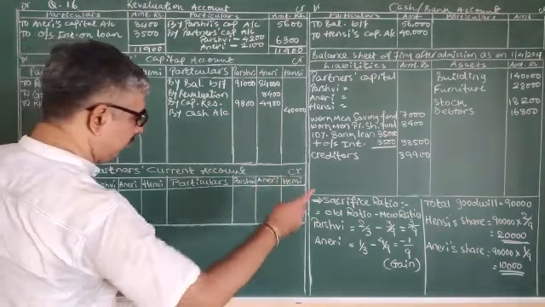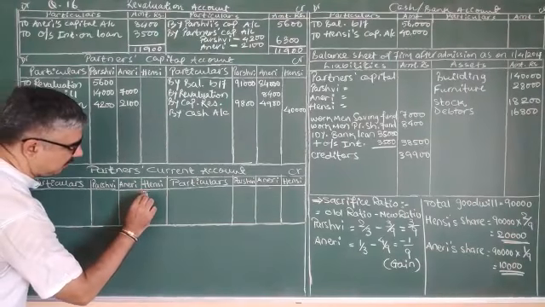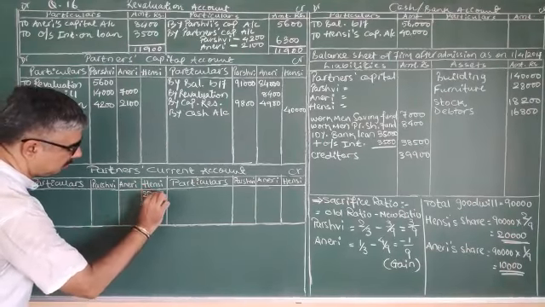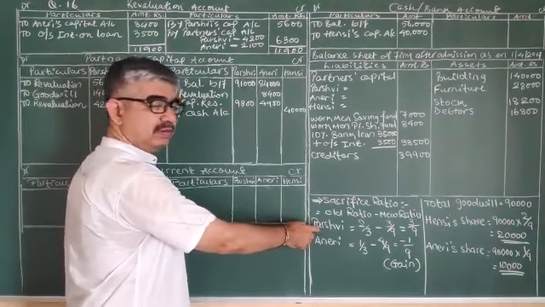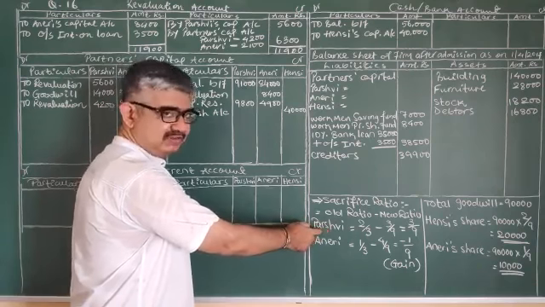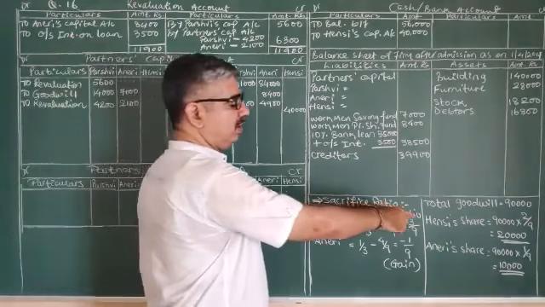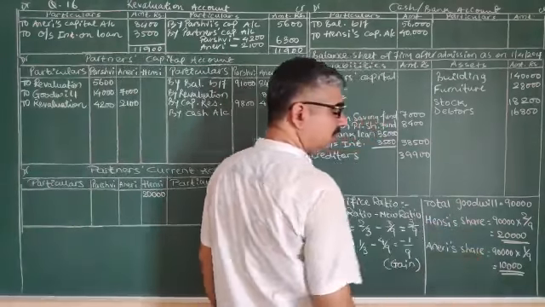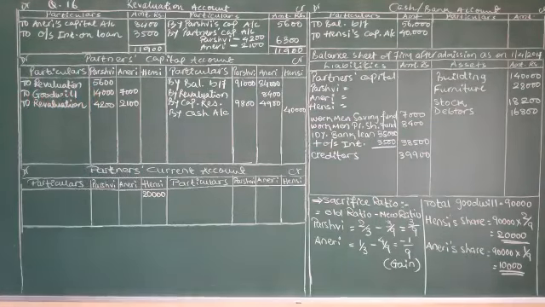20,000, 10,000. So 20,000 should be debited to Hence's current account. And only partially is sacrificing. Only partially is sacrificing. So both 20,000 and 10,000 should be given to partially. So here 20,000, okay, should be given to partially.